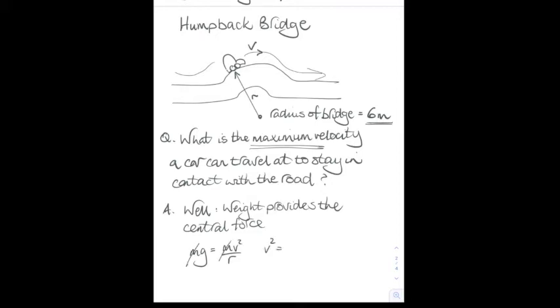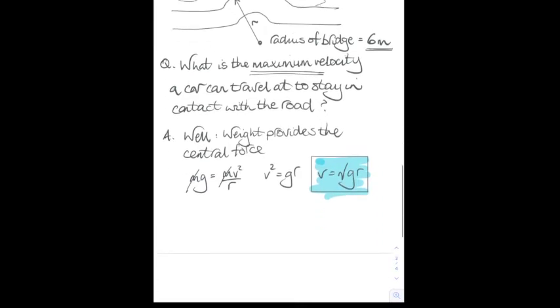So v equals the square root of gr. Same little equation. Remember, that equation isn't on your relationship sheet, but it is a useful equation for you to remember. Now this time it's the maximum speed though, because if that car goes any faster than that maximum speed, it will leave the surface of the road.